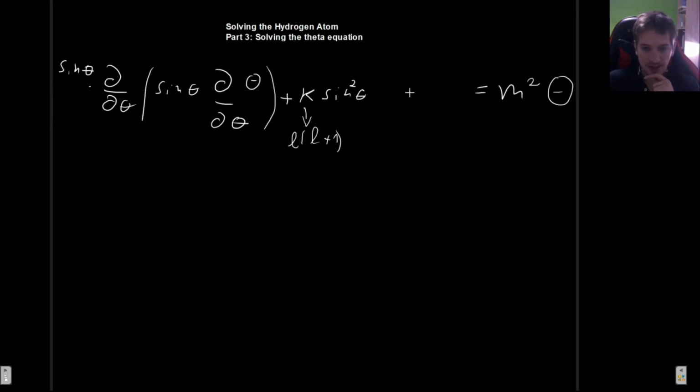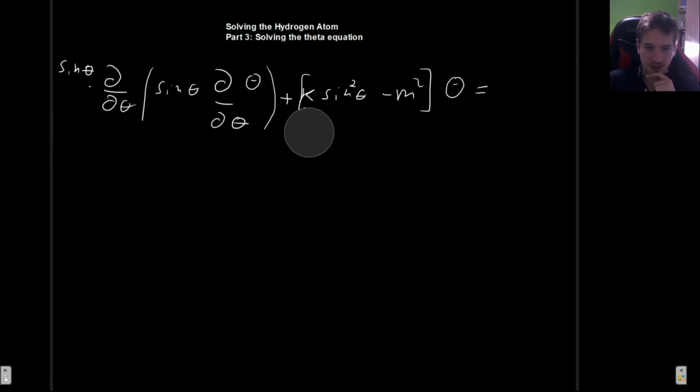So we get k sine squared minus m squared times theta, and this has to be equal to 0 then. I will also get rid of this because I already discussed it. Okay, so this is the equation that we want to solve.